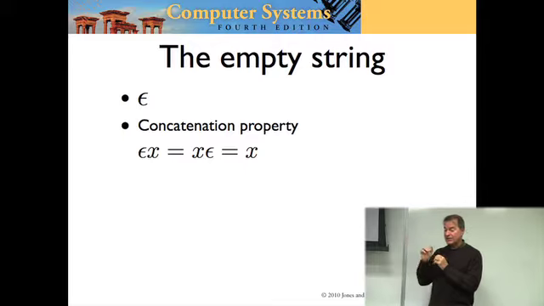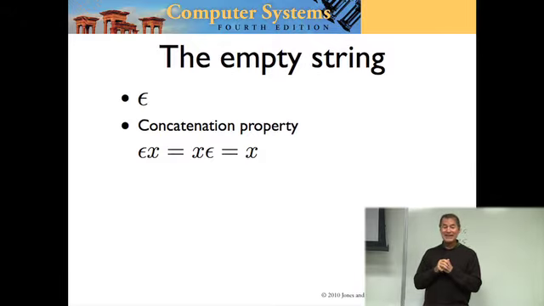But check out this concatenation property. What happens if you concatenate the empty string with any string x? You get that string x back again. And it doesn't matter if you put the empty string before x or x followed by the empty string. In both cases, you get just x. So what does that make the empty string?